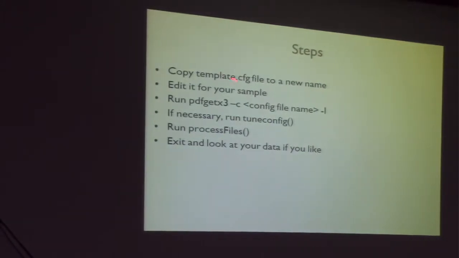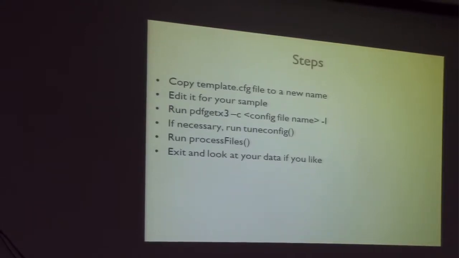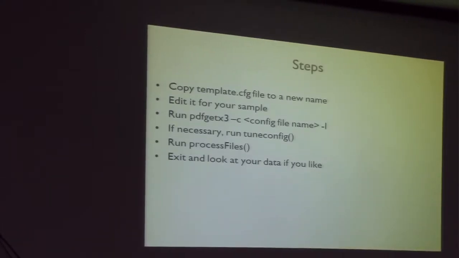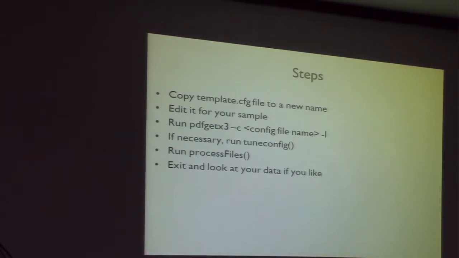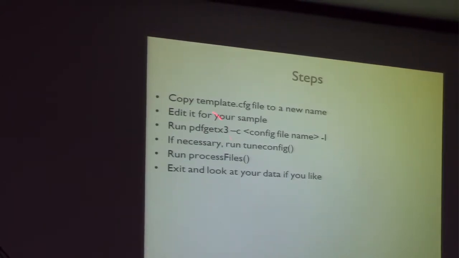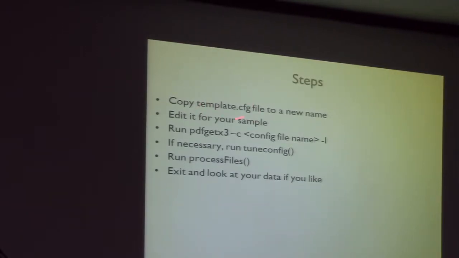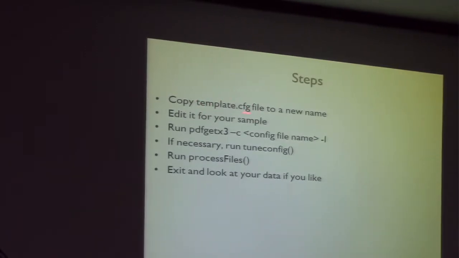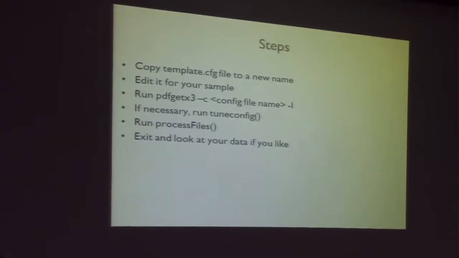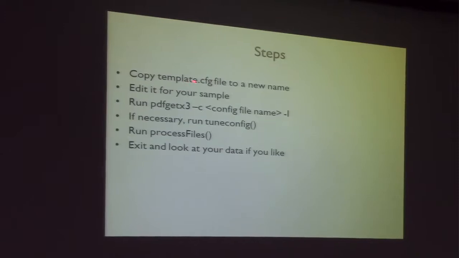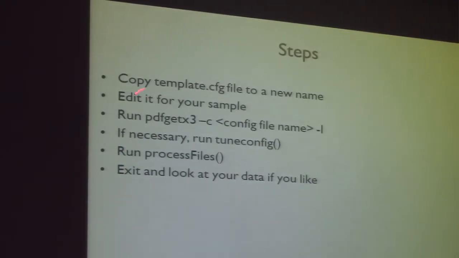So the steps go like this. If you go to the 00_PDFgetX3 folder in the tutorials, you'll find a file called template.cfg, and you want to copy that to a file with a new name. Then you're going to open that in a text editor, and you're going to edit it for your sample.